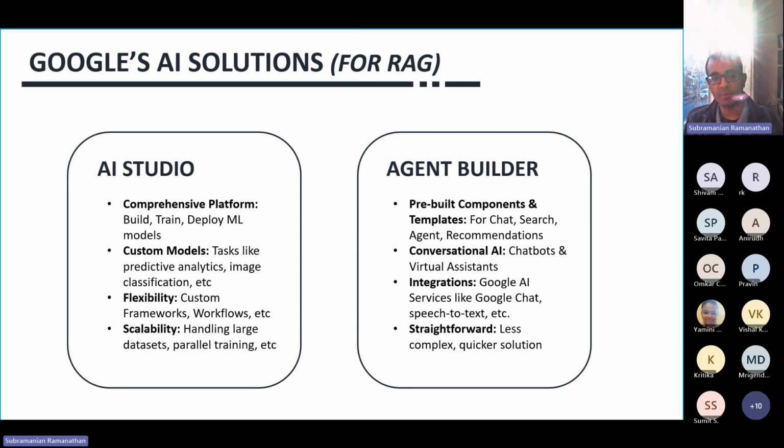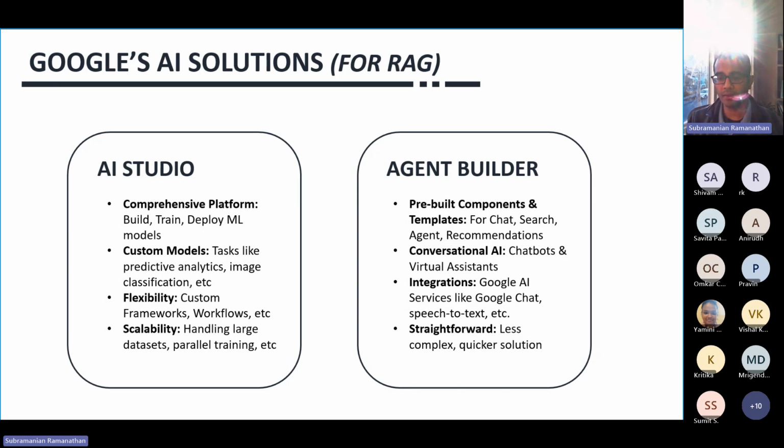So this is AI Studio, and then there is Agent Builder, which is another product. They also call it App Builder. It has pre-built components for chat, search, agent, or recommendations, which are the four primary things people try to build with AI. So they have pre-built templates and components with which you can quickly build anything.